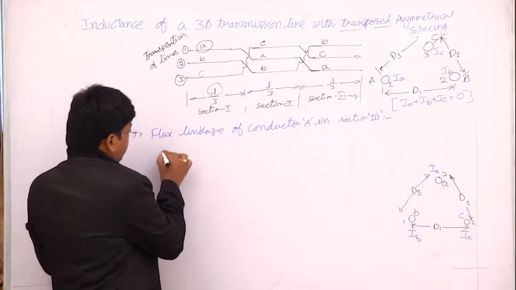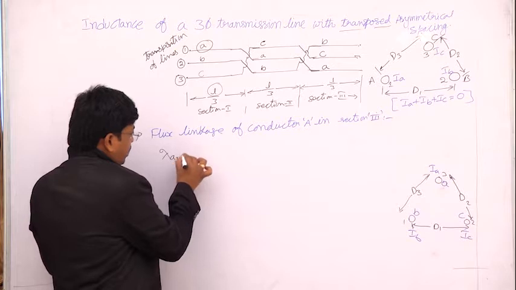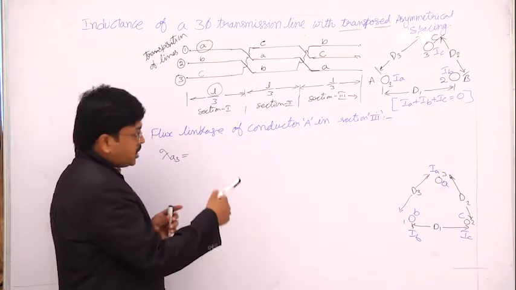Let lambda A3 be the flux linkages in this section 3.